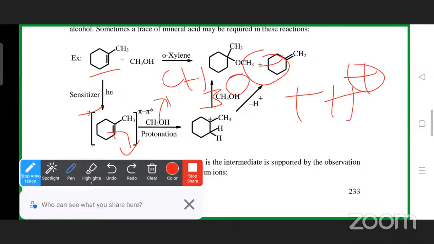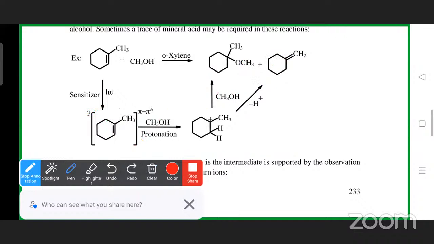So this bond is going to react with this proton, and then you will get a positive charge on this carbon. You see here.